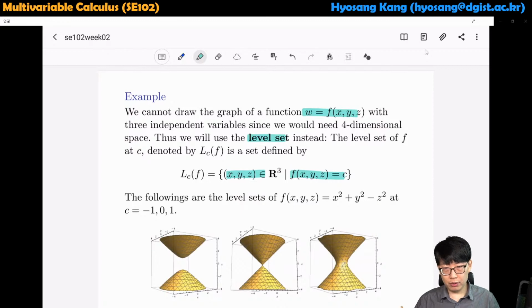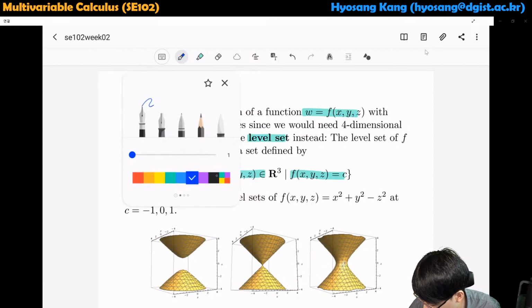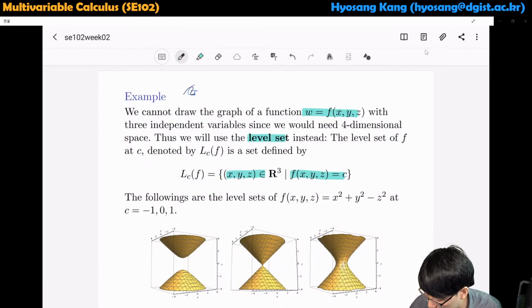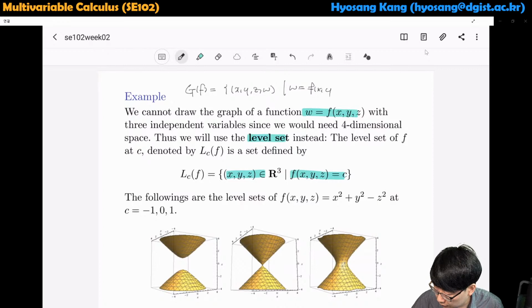Normally, if you really want to draw the graph of a three-variable function, you need four-dimensional space, because the graph of this function is x, y, z, w, where w is f of x, y, z, and this requires a fourth axis.